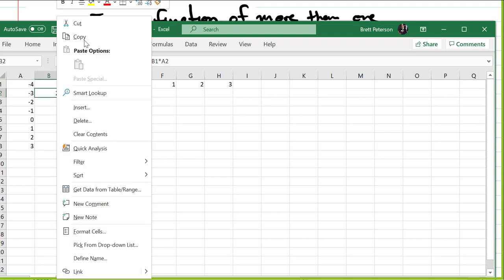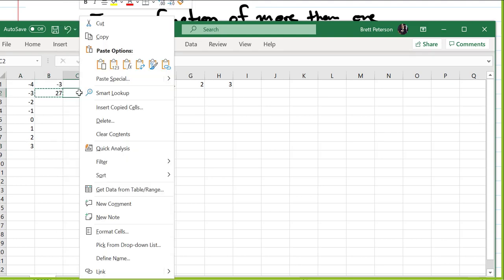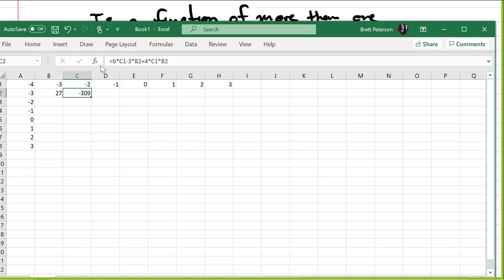So if I go ahead and try to copy this over to the next cell, it gives me negative 309, but let's see what cell addresses it actually put in there. It used C1, B2, and B2 again.